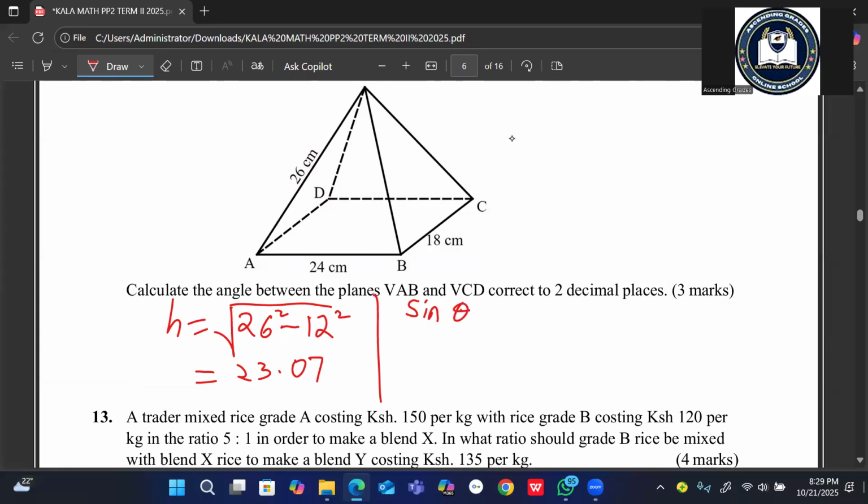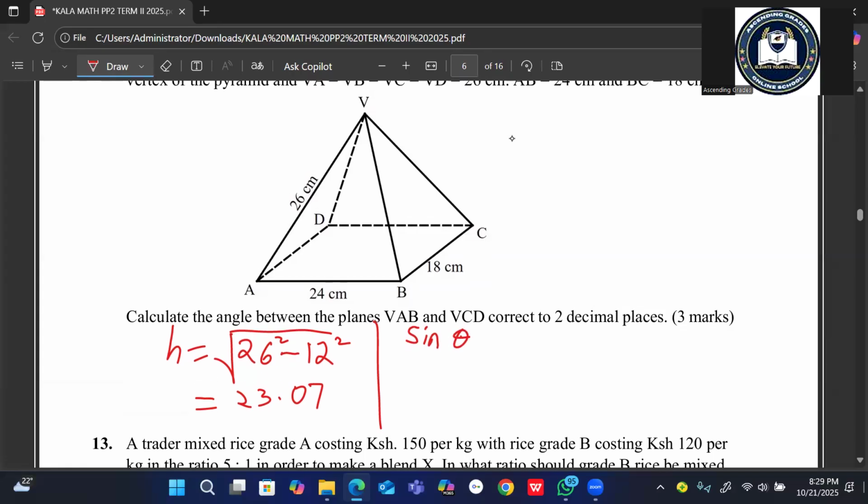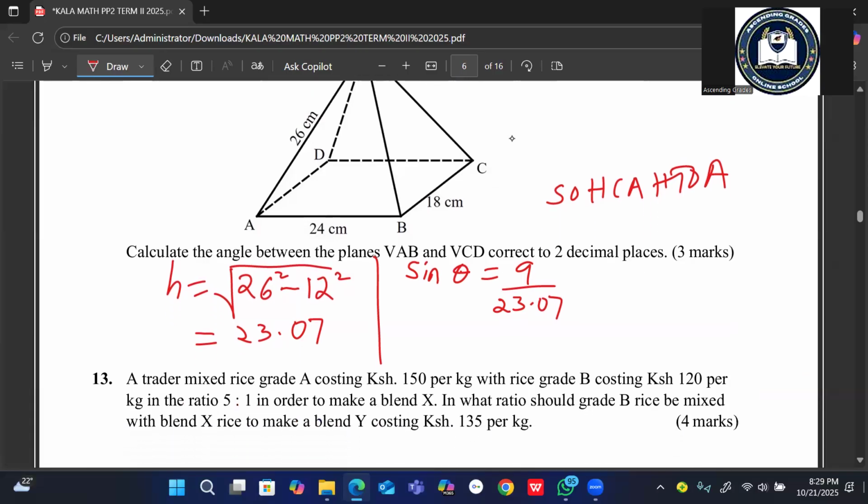Theta is the angle between plane VAB and VCD, and it should be equal to 9 out of 23.07, using the knowledge of SOHCAHTOA. Opposite is 9 and our hypotenuse is 23.07.